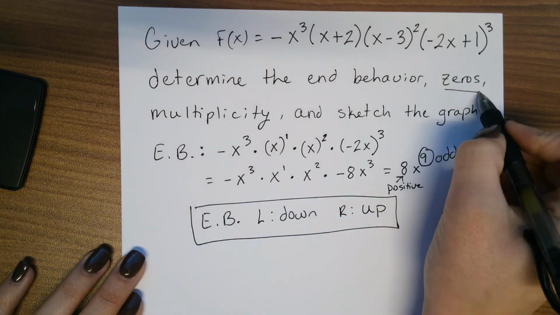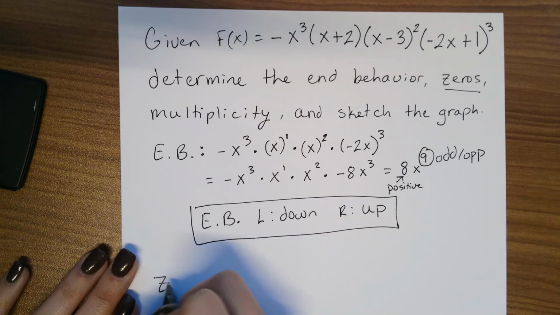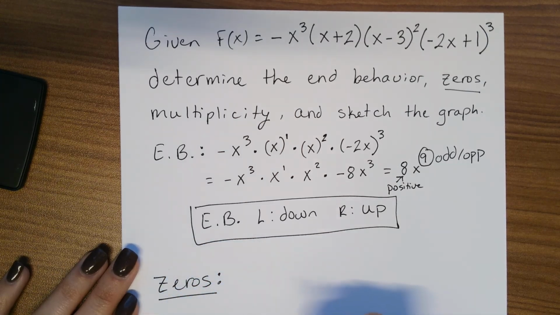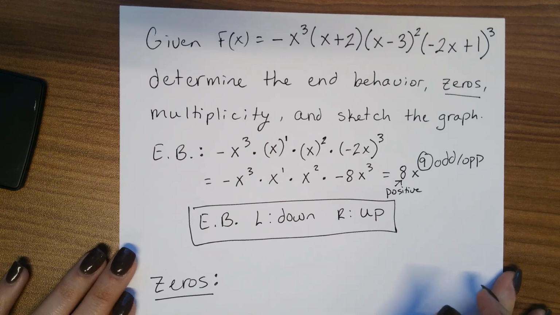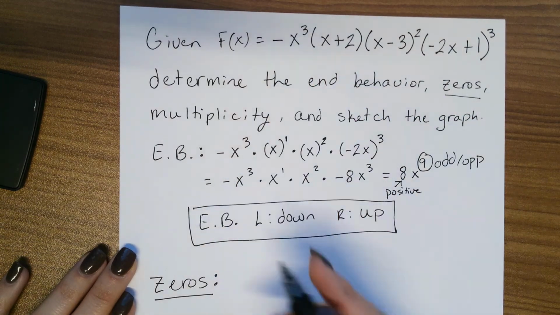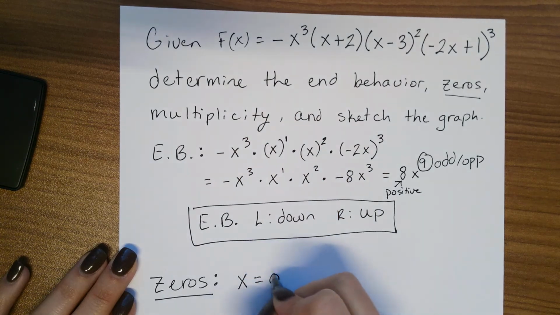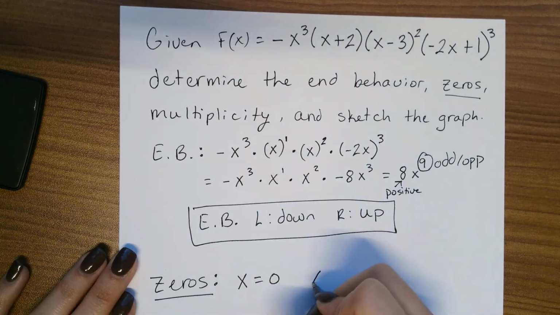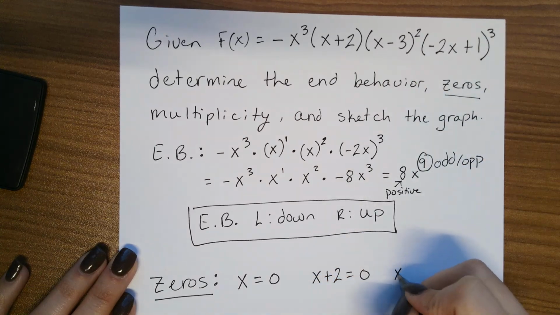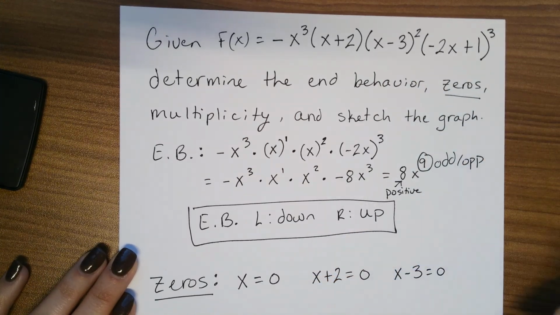Next, finding the zeros. When I'm already in factored form, we'll just take each of the factors and set them equal to 0. So I do have an x on the outside, so this is x equals 0. X plus 2 equals 0. X minus 3 equals 0.